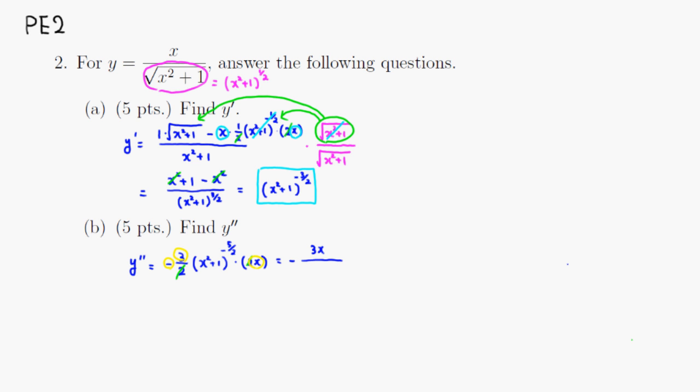Then you have a negative power there, so x squared plus 1 sits on the bottom, raised to the 5/2 power. So that's the second derivative of the given function. All right, that's it. I hope that this was clear.